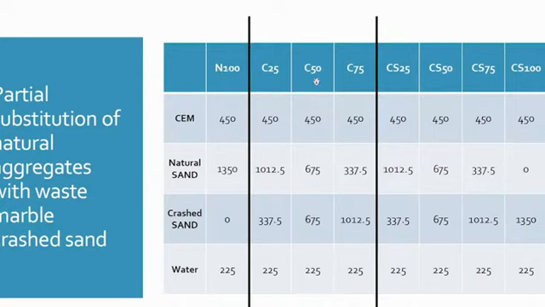C25, C50, and C75 are the mixtures where we replaced 25%, 50%, and 75% of the natural sand with crushed sand. And CS25, etc., is the sieved crushed sand without the finer part of the sand. You can see that we used the same water in all mixtures.